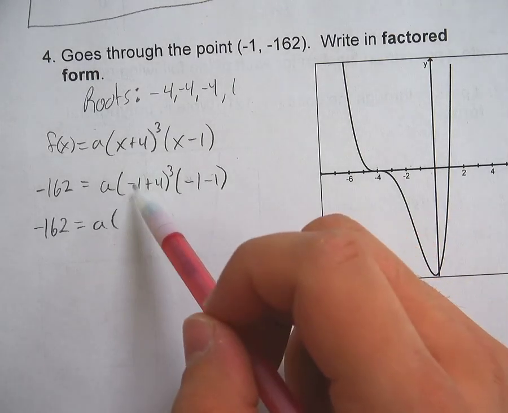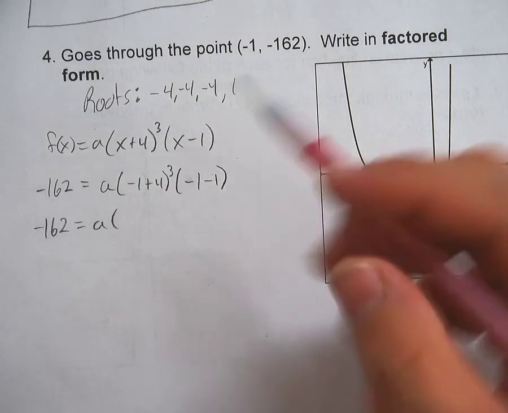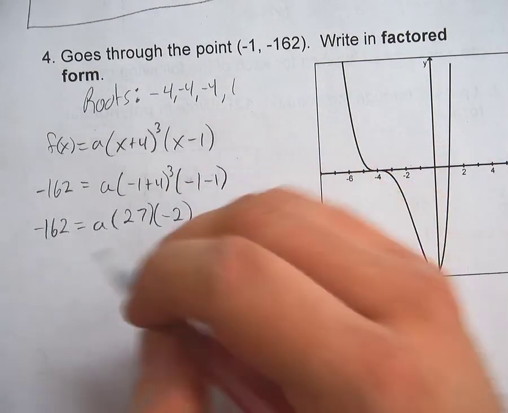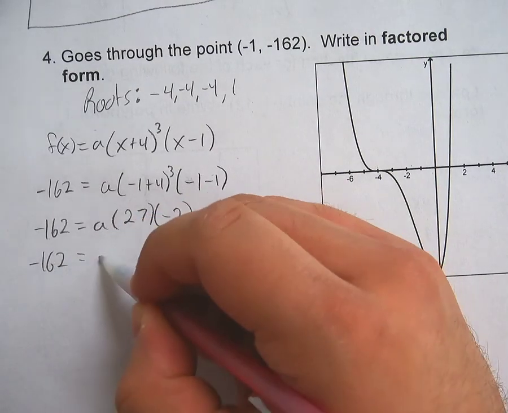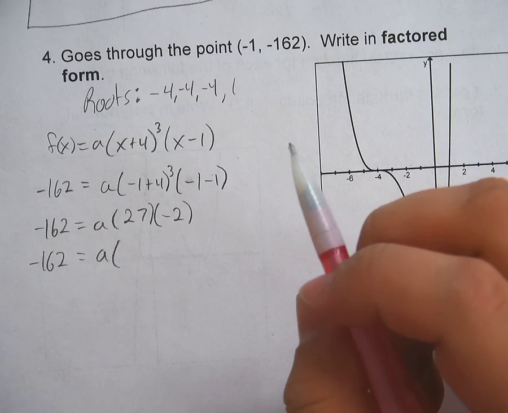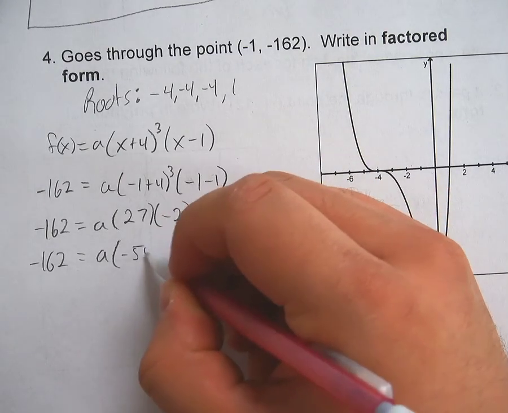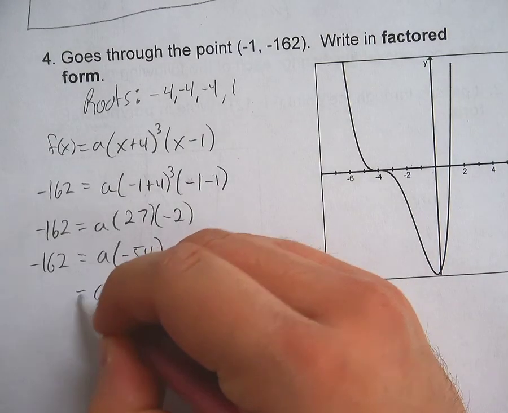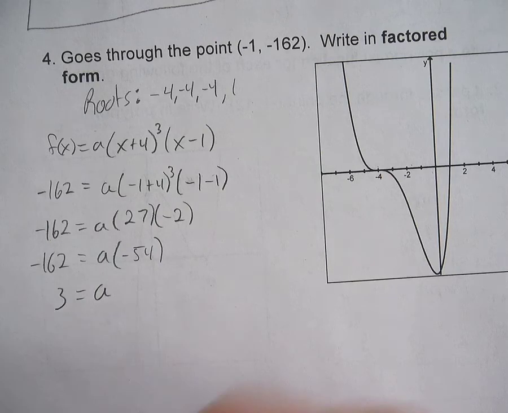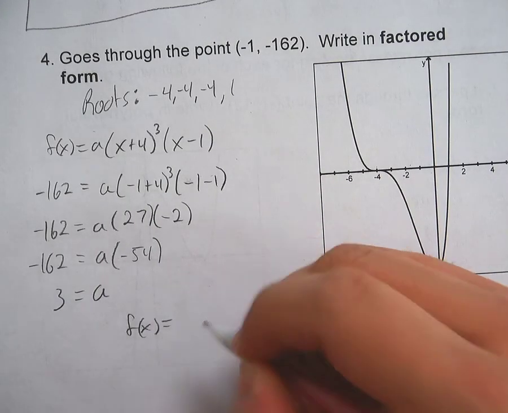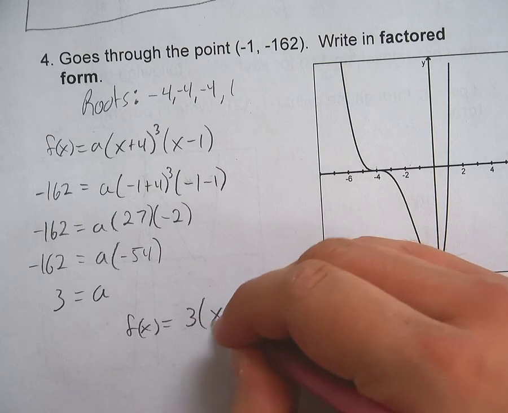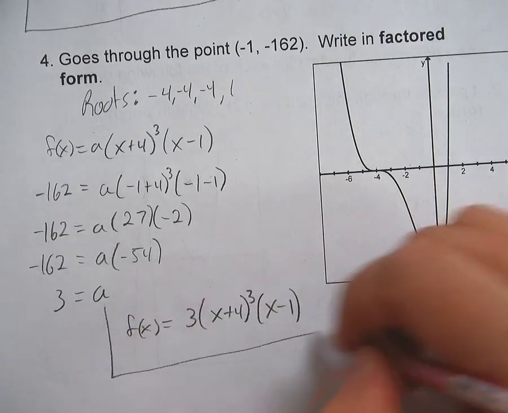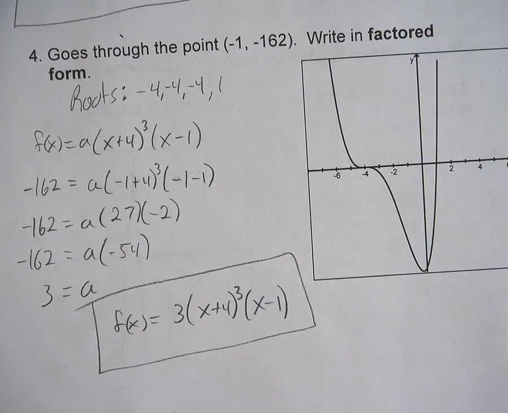So this is 3 cubed, which is 27, times negative 2. 27 times 2 is 54, negative 54. Divide by negative 54, and you get a is 3. F of x equals 3 times x plus 4 cubed, x minus 1. And there was great rejoicing. Yay.